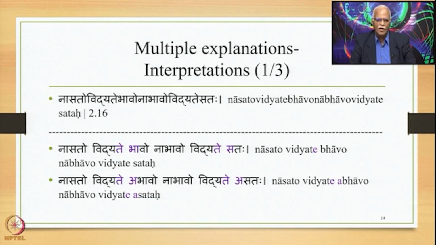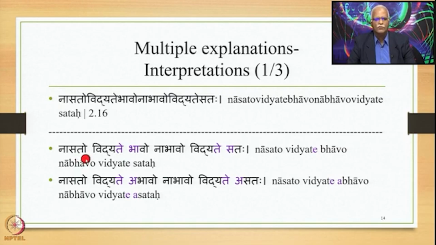So here is this string, nasato vidyate bhavo nabhavo vidyate sataha. This is 2.16 from Srimad Bhagavad Gita. I repeat, nasato vidyate bhavo nabhavo vidyate sataha. Now this string can be split into its constituents, and you will have nasato first, and obviously there is sandhi.